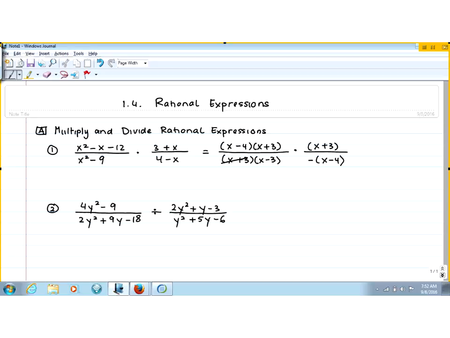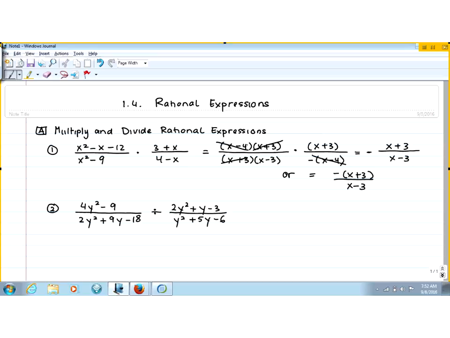So let's cancel common terms. So x plus 3 cancels. What else cancels? x minus 4. So on top you'll have x plus 3, and on the bottom you'll have the negative of x minus 3, but we will put the negative on top or in the middle. So negative of x plus 3 over x minus 3, or the other option would be to write it like this: negative of x plus 3 over x minus 3.